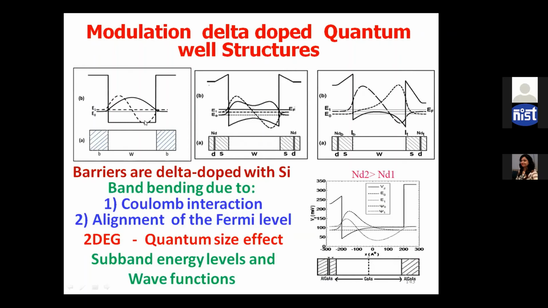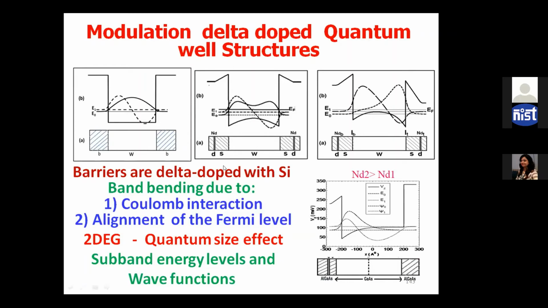Now we can change this. How can we change it? Suppose we go for modulation doping. When you make a modulation doping, that means the barrier takes a spacer. This one is the spacer. S is for spacer, D for doping concentration, W for channel width or quantum well width. So this is a single quantum well.